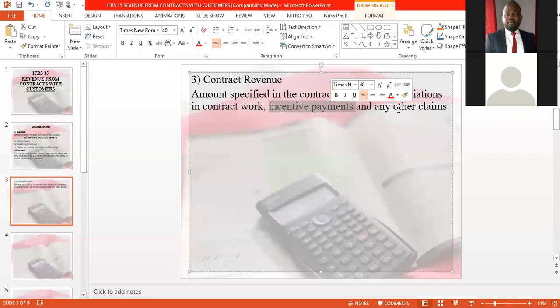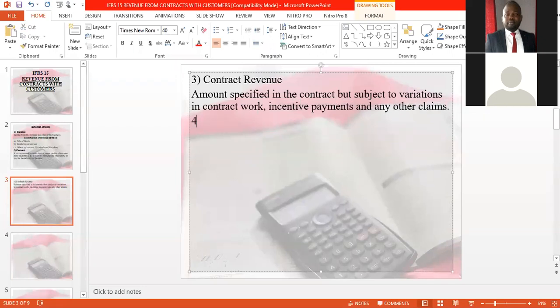Number two, if there are any additional claims which were not planned in the original contract. Contract revenue is the sum of what you say above. When you combine all these, it's what is called contract revenue. I hope we are together in that.